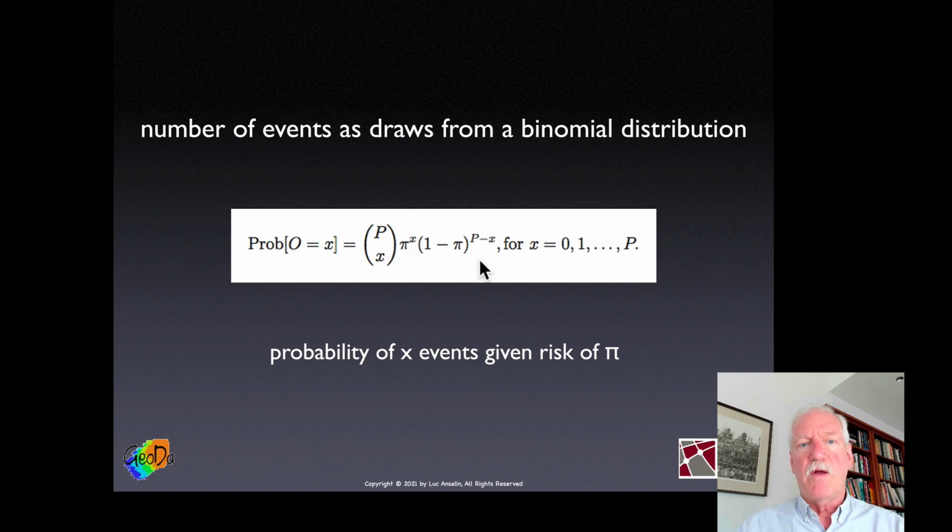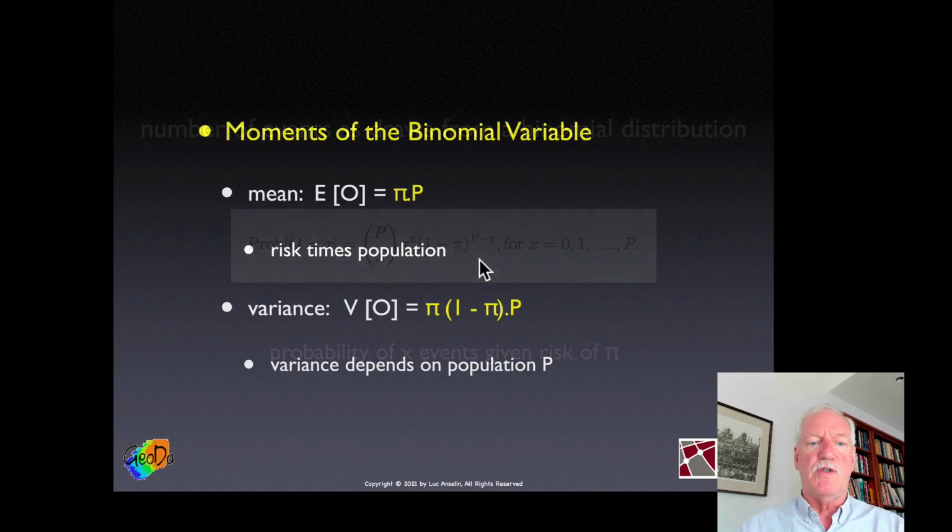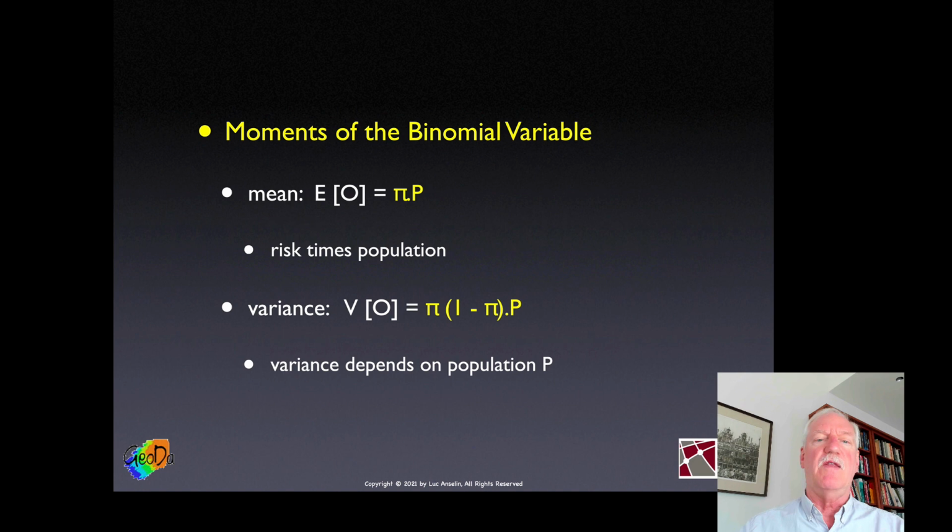So let's look at the moments of this distribution, specifically the mean and the variance. And you may have forgotten this, but the mean of a binomial distribution is the product of pi times the population p. And in fact, if you recall, that's exactly the principle we applied to compute the expected number of cases.